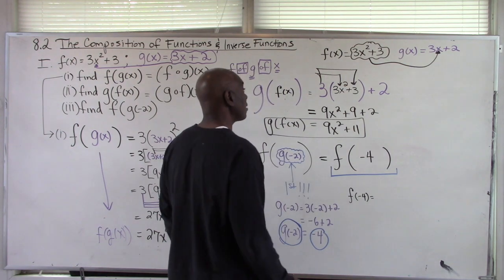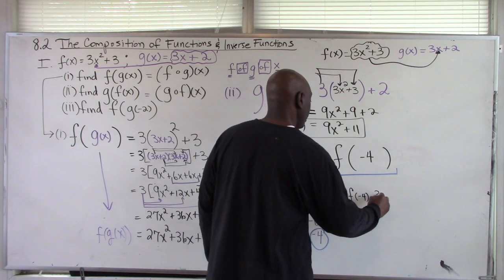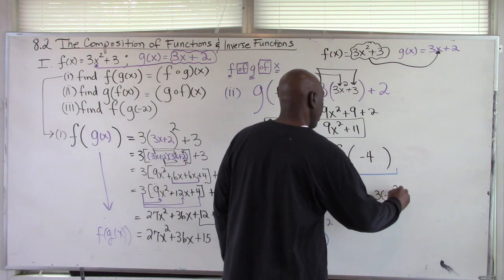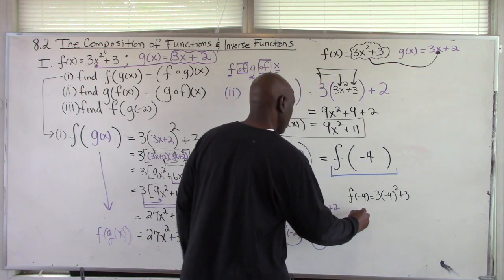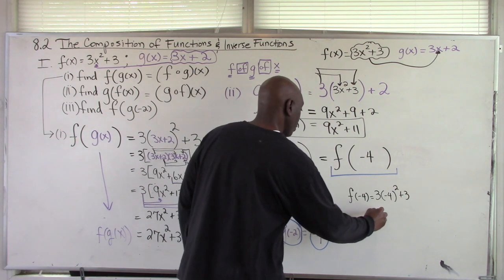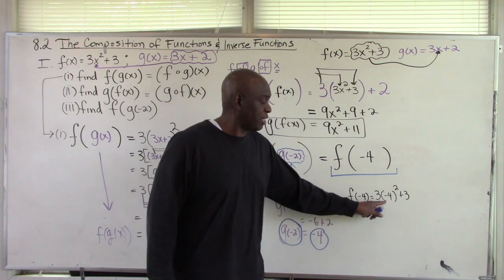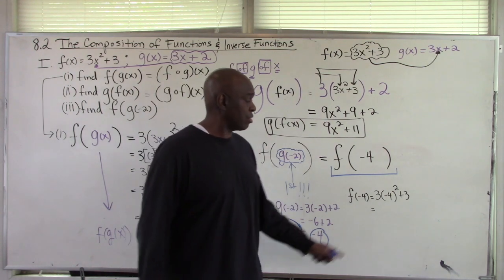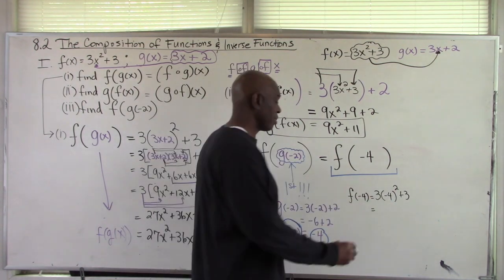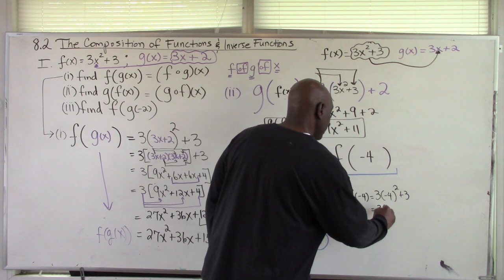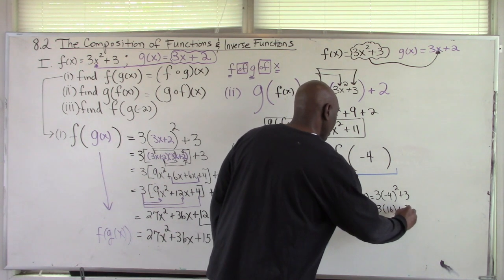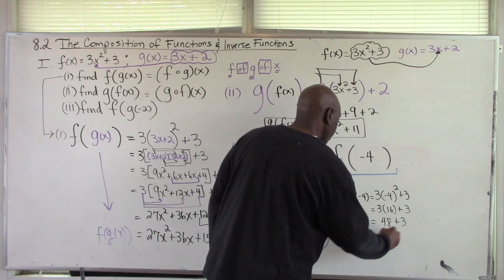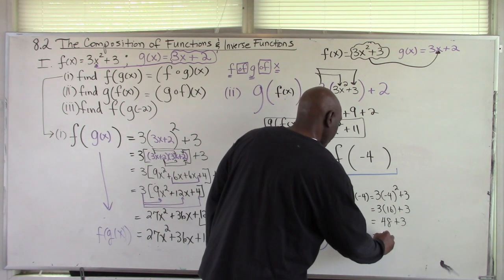Well, let's see. That's going to be 3 times negative 4 squared plus 3, which equals, do not multiply 3 times negative 4 first. That is not proper. That is not the order of operations. Square negative 4 first. That's going to be 3 times 16 plus 3, which equals 48, plus 3, which equals 51.